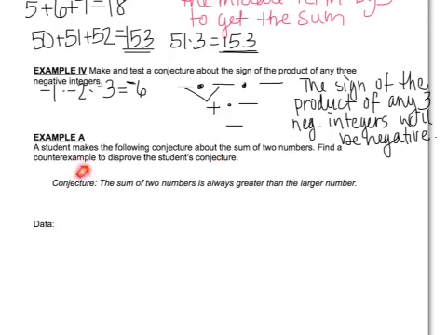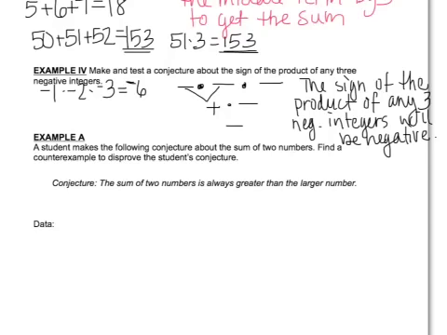So a counterexample, this is something that goes against what we're saying. And this is something that was also on your frame, I believe. Let me double check. Yep, we talked about counterexamples or disproving conjectures on the frame. So it's something that shows that something is not true. So the sum of two numbers is always greater than the larger number.